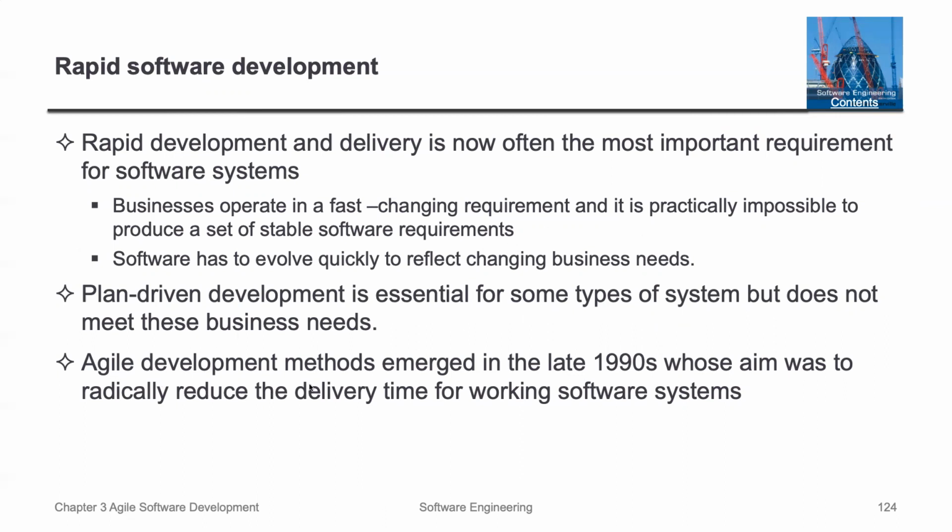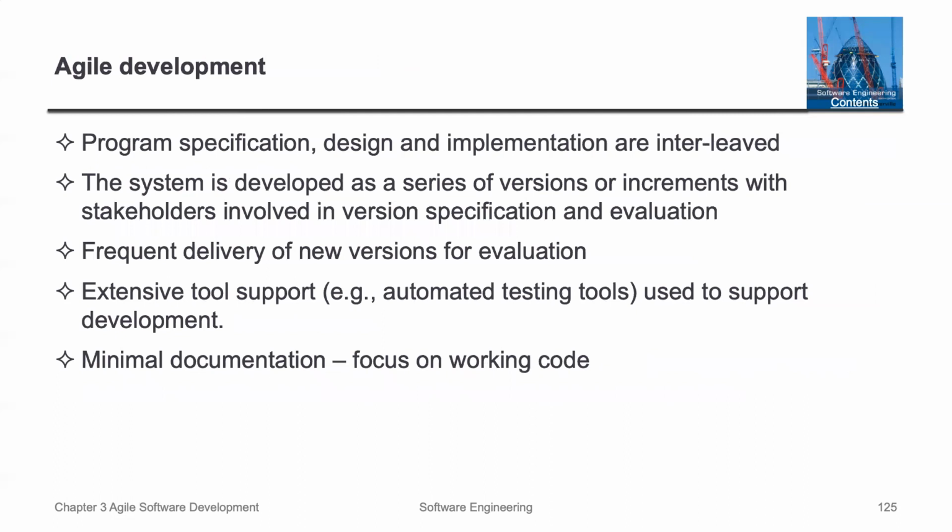As a result, agile development methods emerged in the late 1990s, whose aim was to radically reduce the delivery time for working software systems. So you can have little sprints or things like that you can be doing in incremental developments. So for agile development, program specification, design, and implementation are all interleaved.